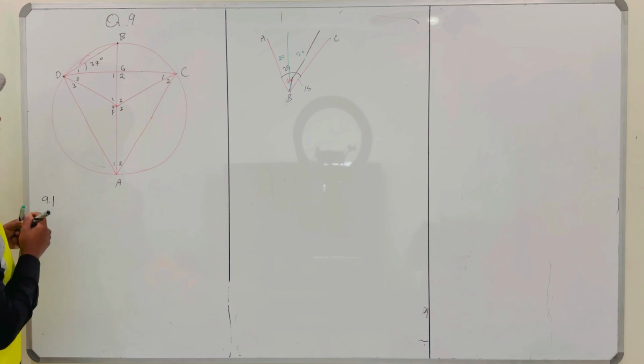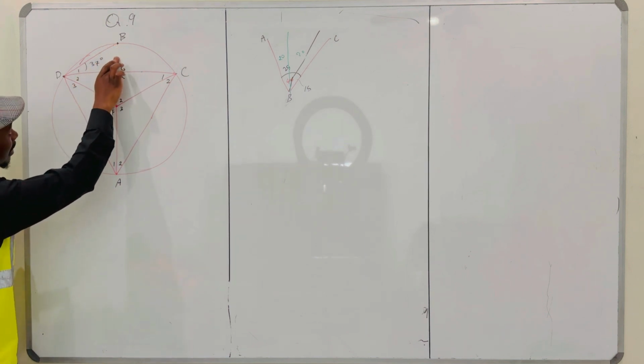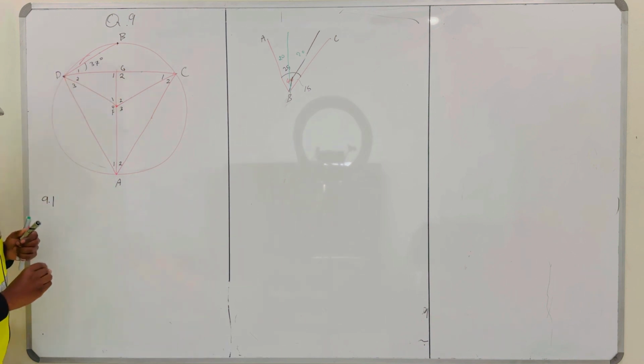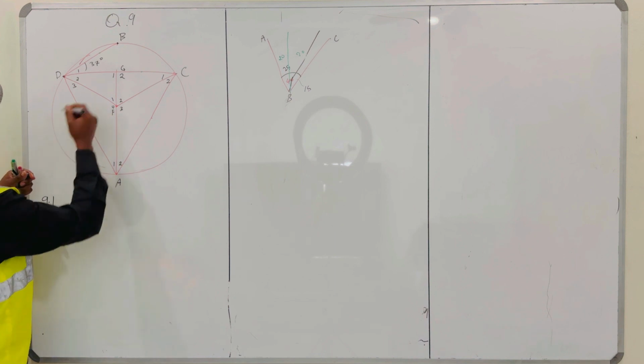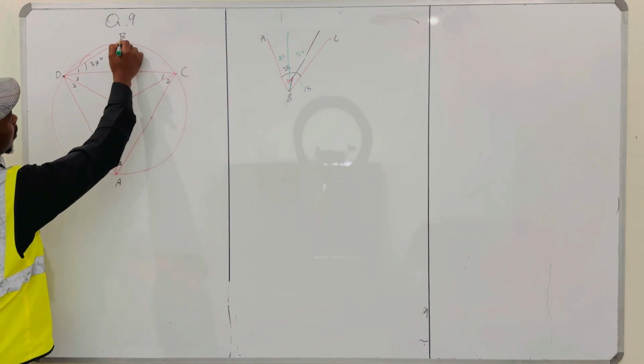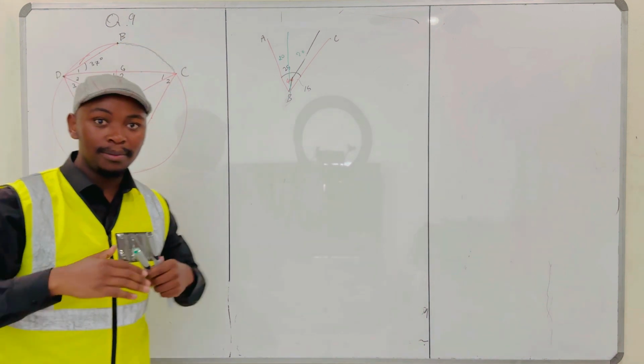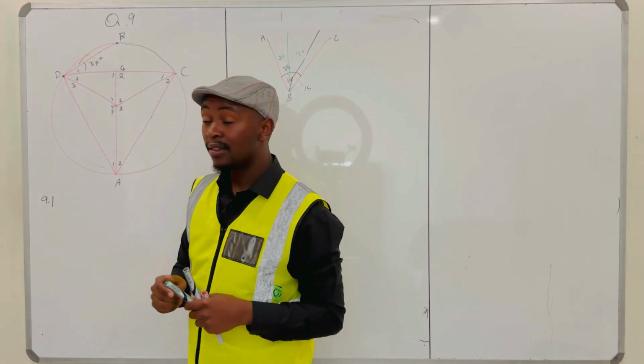What is special about this is that if you were to just remove this line for one second, this angle is subtended by this arc. That angle is enclosed by the arc BC.